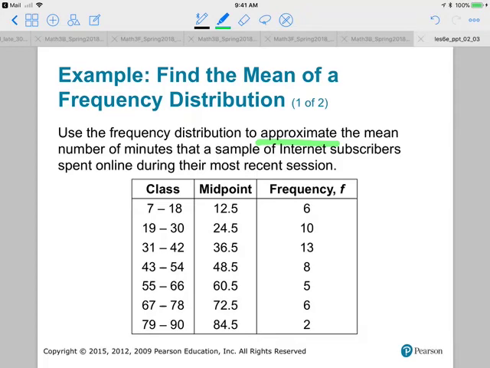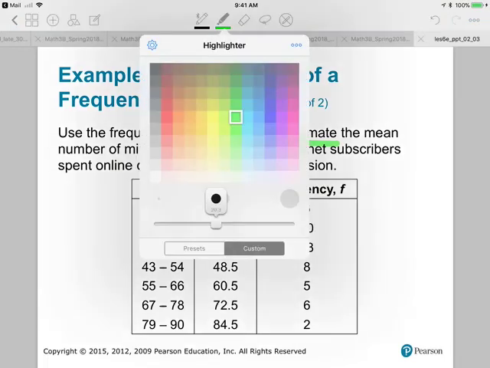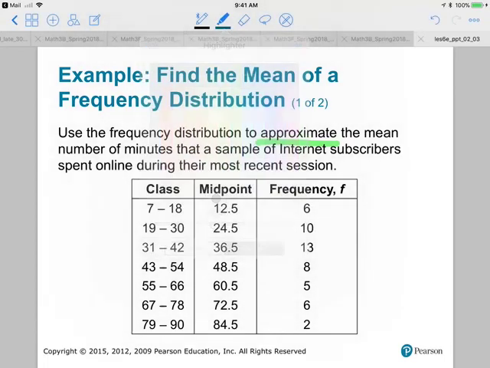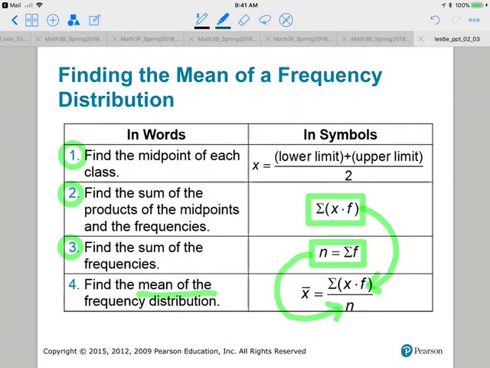You don't have the original data points, you just have a frequency distribution. Notice for this distribution, we are very happy because we've been given the midpoints already. That helps us out because step 1 is already done for us.